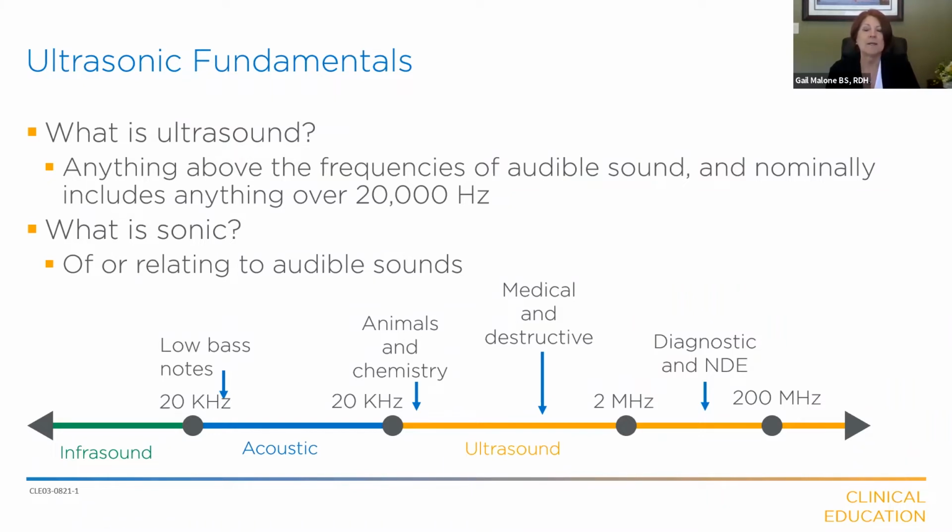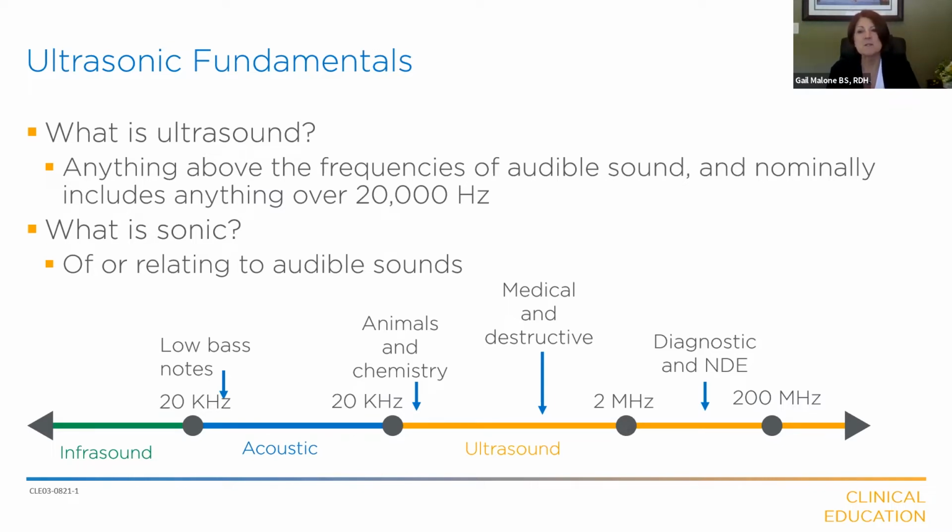At that very high end, with diagnostic imaging, we have high frequency waves that have the ability to penetrate soft tissue, but they bounce off harder tissues, things like organs, bones, and teeth, and then send a message back to the transducer. This message is then interpreted as an image of the patient's body.